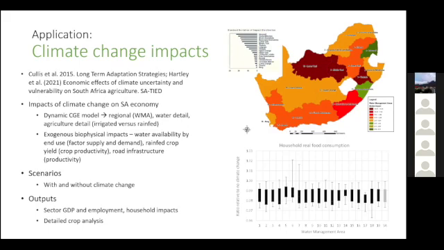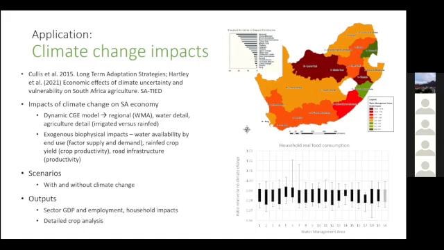The first was water availability by end use. So within the CG model, water was captured as a factor of production. So changes from the biophysical model would affect the supply and demand for the water factor.